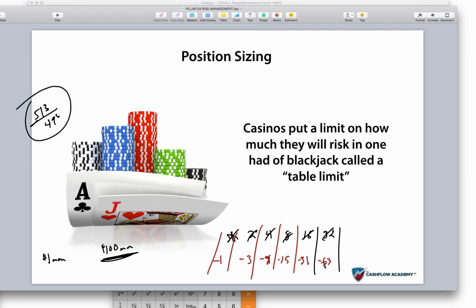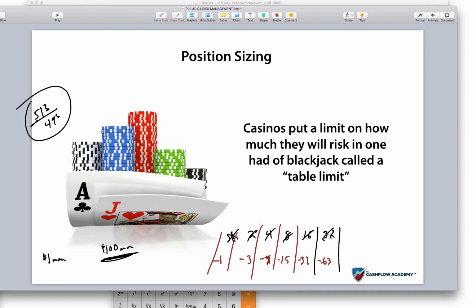What would be interesting here is if I'd have won at any time, I'd have gone back up. If I'd have won 2 gives me 4, great. That takes out the 1 and what I've lost. Oh, great, 4 gives me 8, and I only lost 3 here. Oh, 8 gives me 16, and I'd only lost 7 here.